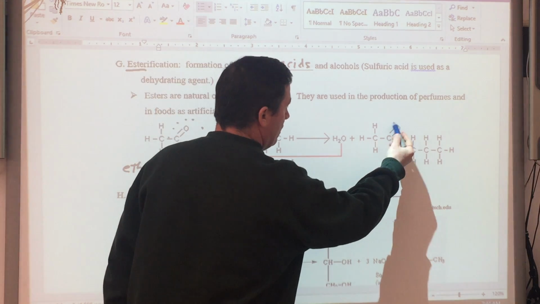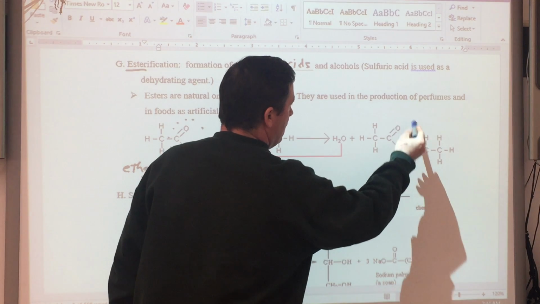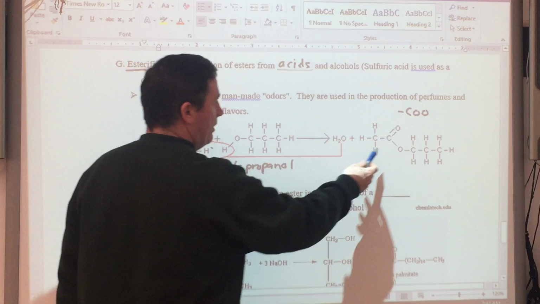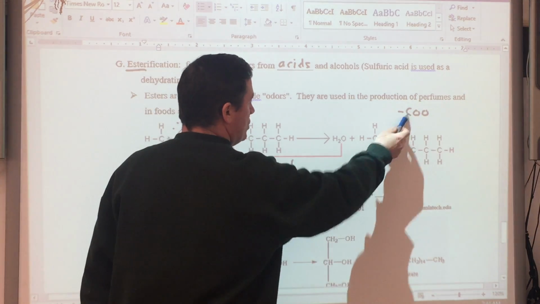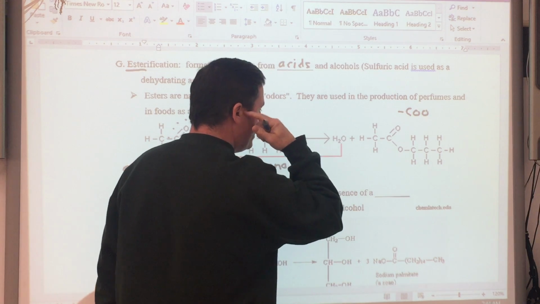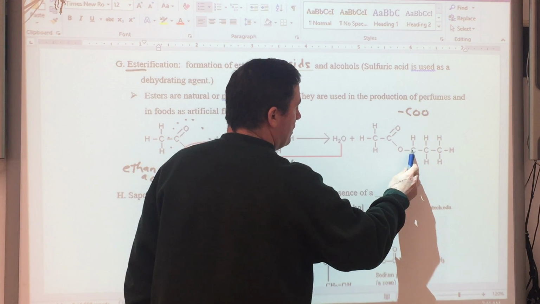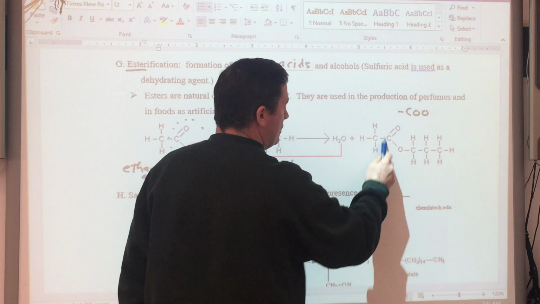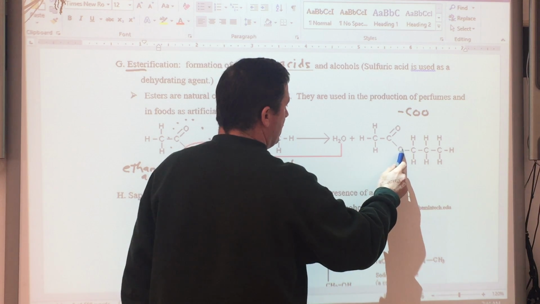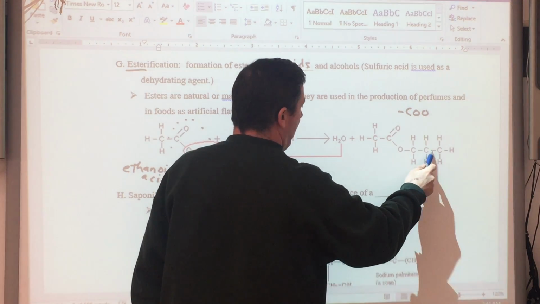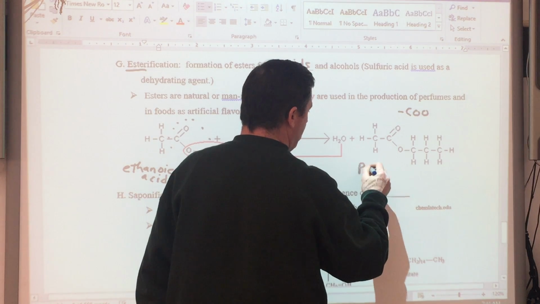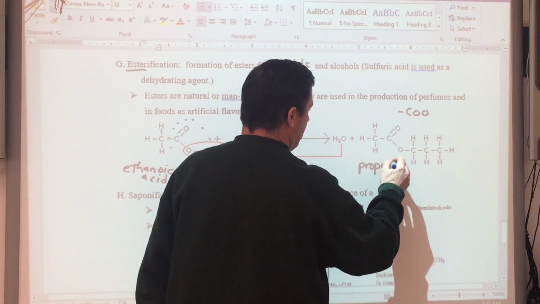And look what we have here. We have a C double bonded O O. And that is an ester. Cool? Okay, how do I name this? Just to remind you, when I'm naming esters, I look at the oxygen by itself, and I look at the group that's attached to it, and that one comes first. So this is propyl, because it's 3.